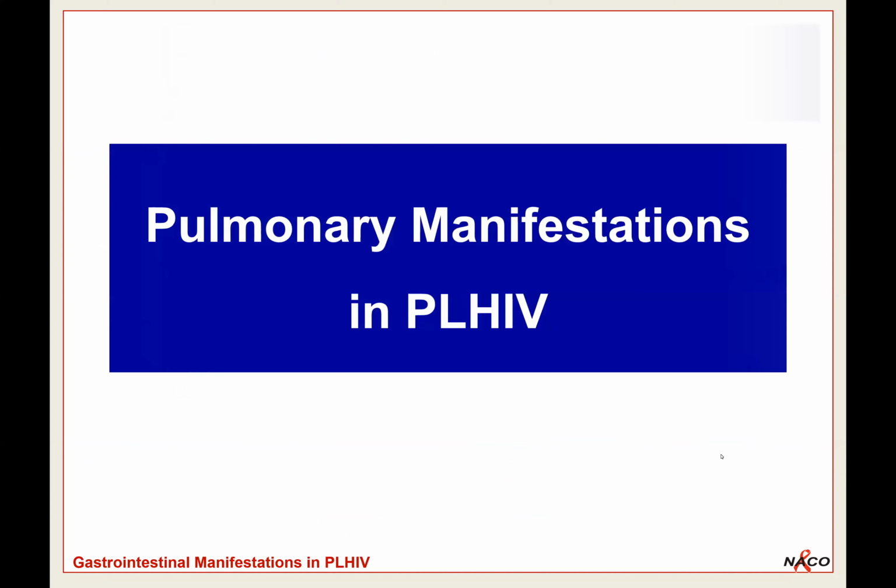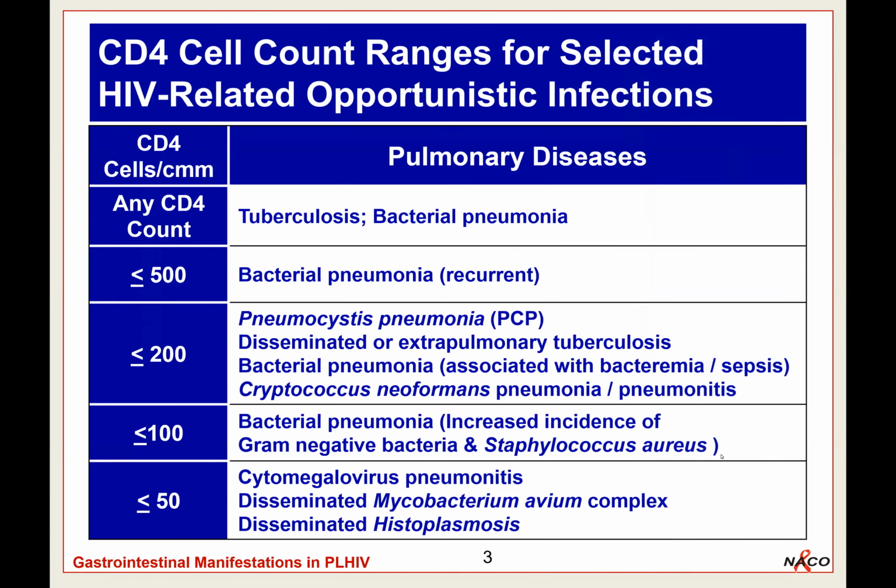Pulmonary manifestations, again, it may be related to the CD4 count. TB can be at any CD4 count, and likewise, even bacterial pneumonia can be at any CD4 count. But presentation will differ. Obviously, if immunity is low, you will have bad presentation of the patients with disseminated diseases, maybe septicemia and all that.